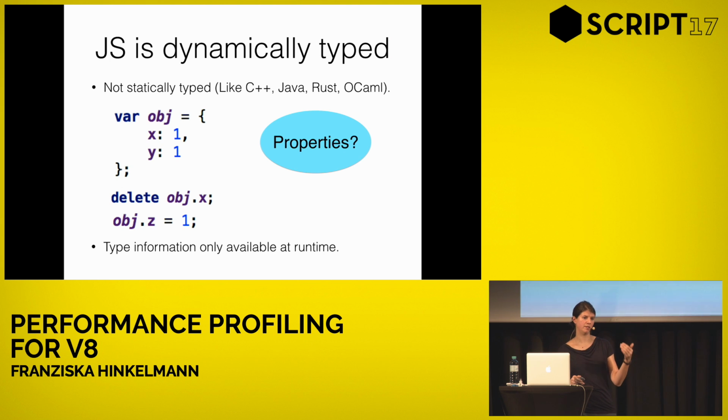Instead, only at runtime, at the point where you're using the variable, does the compiler know, by inspecting the object, what exactly are the properties. And so this dynamic typing makes it very hard to compile JavaScript into machine code that runs really fast, because there are so many options of things that could happen that if you compile this ahead of time, you just won't get any performant machine code.